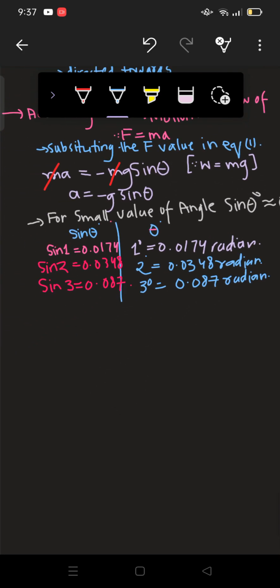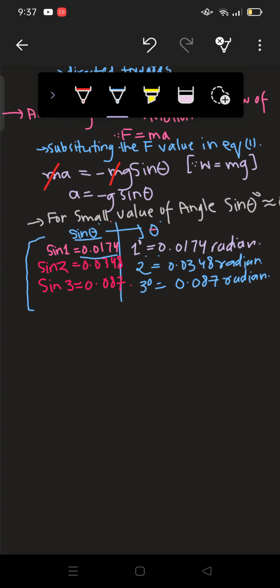Now see, for small values of theta, sine theta is approximately equal to theta. Sine 1 is 0.0174, and 1 degree is also 0.0174. Sine 2 is 0.0348, and 2 degree is also equal to 0.0348 radian.